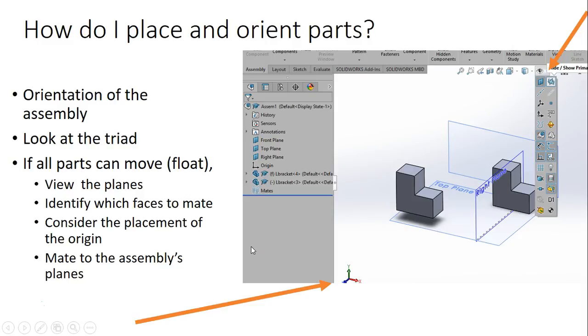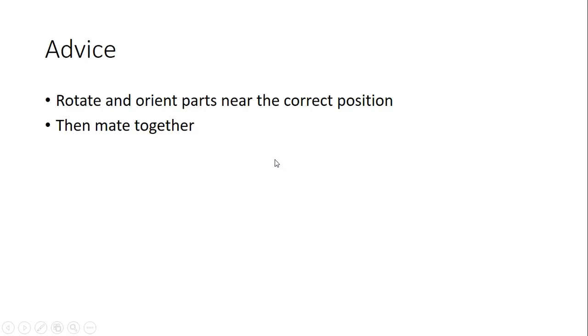Also, when you go to take the Solidworks Associates test, the CSWA, they're going to ask a question similar to this, where you're going to have to understand how you can mate to the top, right, and front plane to achieve the desired orientation within an assembly. So this idea of mating to the assembly's planes, I found to be kind of tricky for students, so that's why I'm trying to really hammer that home.